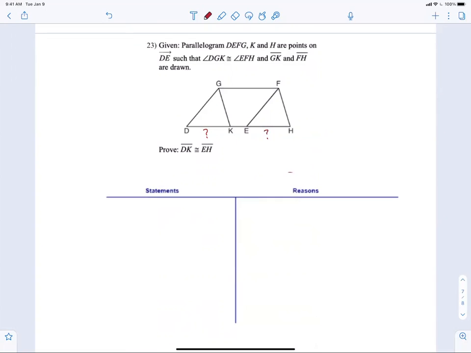Now, because it's a parallelogram, we know this DEFG is equal to this, right? JK is. And we know that this is congruent to this, right?